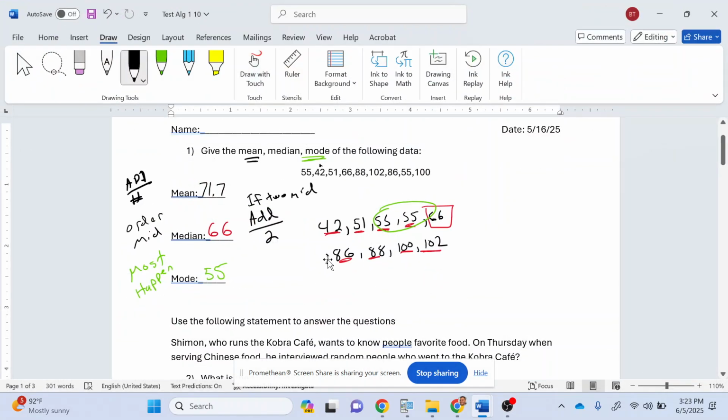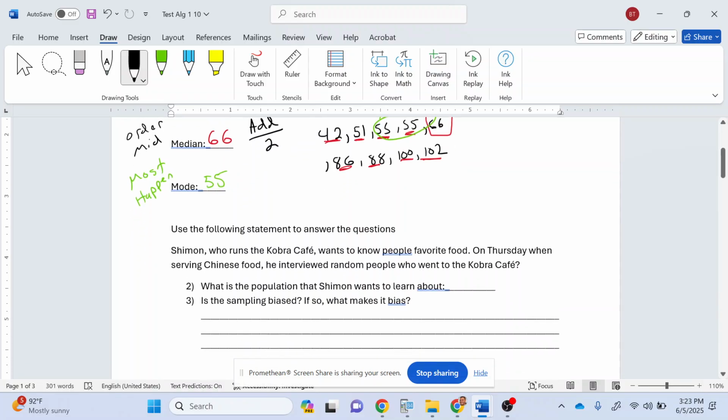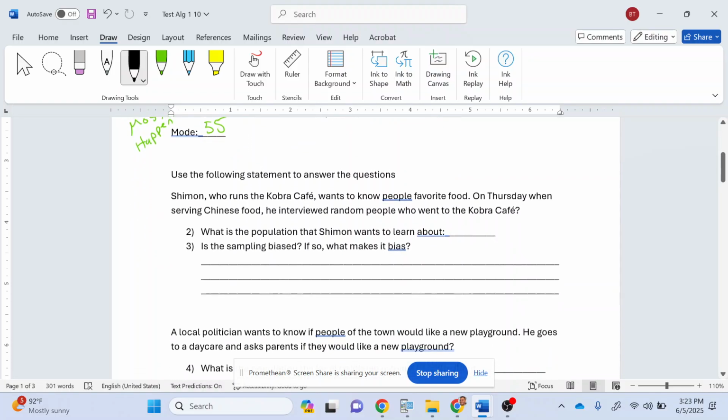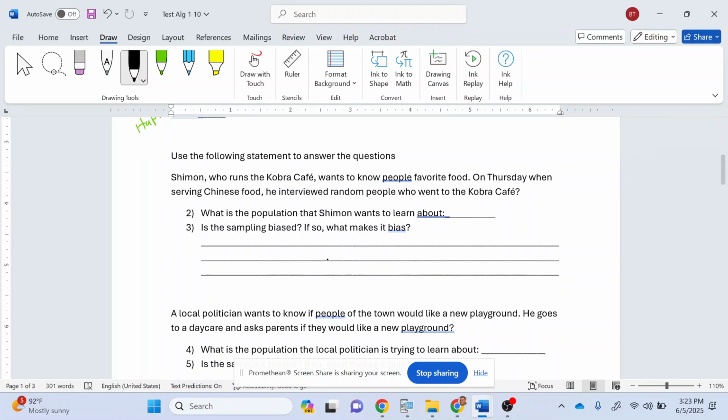Okay, let's go back here. Use the following statement. Shimon, who runs the Cobra Cafe, wants to know people's favorite food. On Thursday, when he's serving Chinese food, he interviews random people who went to the Cobra Cafe. The population is the people he wants to learn about. So you could say RKYHS students, customers, students.